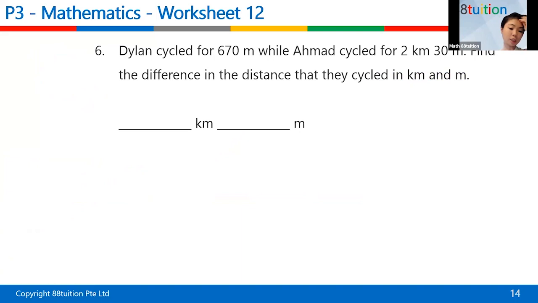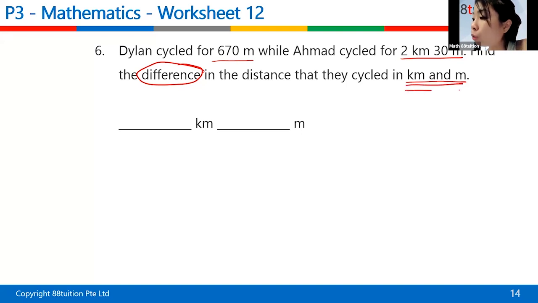All right, let's move on to question 6. Dylan cycled this distance. Ahmad cycled much more. He cycled this distance. We are asked to find the difference in, once again, take note how you need your answer to be presented. So question is asking for difference. Now we minus. Always take the larger number minus the smaller number. So we take Ahmad minus Dylan.